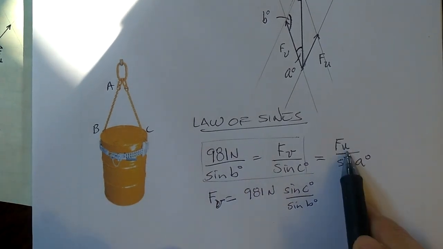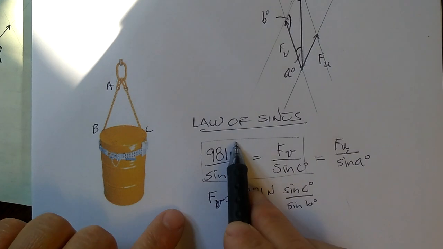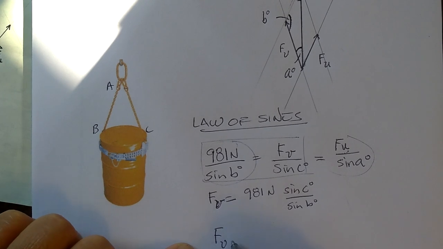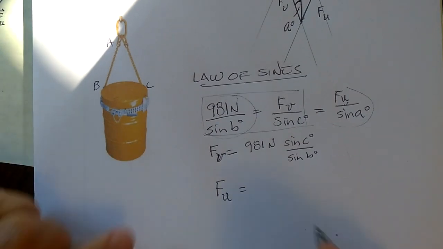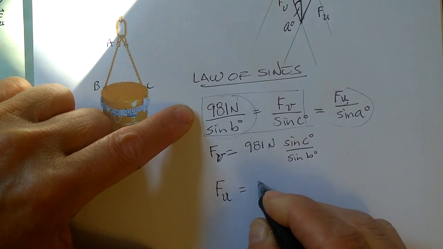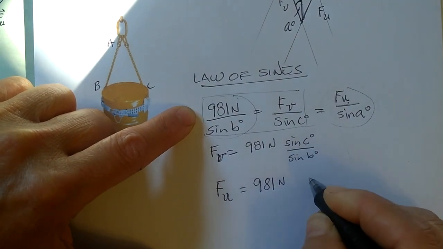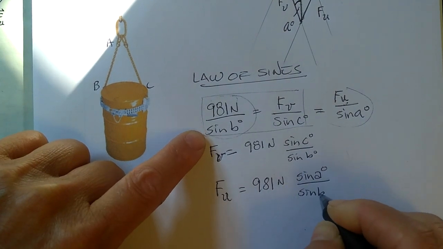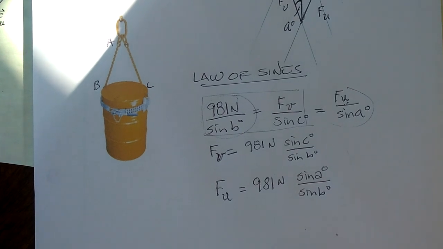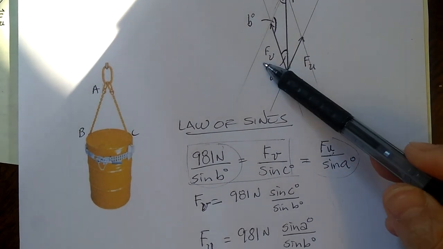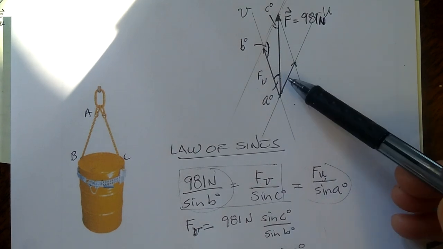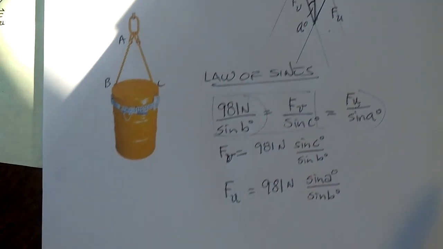If I had wanted to know the component of F sub U, I would use this ratio, and that would give me 981 newtons times sine of A degrees over sine of B degrees. So that is the way we determine the components of the force along a certain direction or axis due to a force being applied using the law of sines.